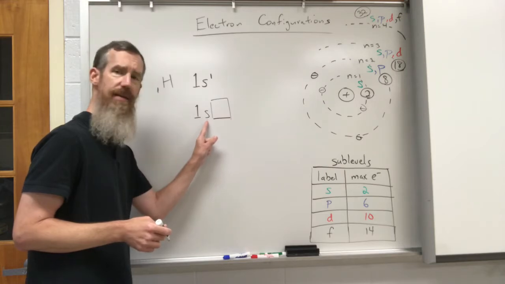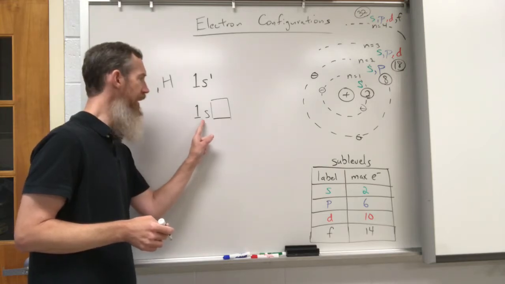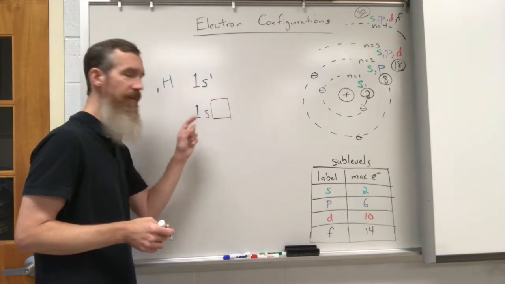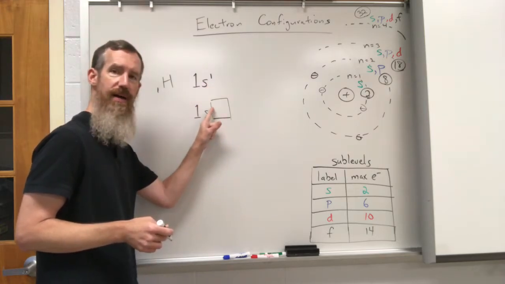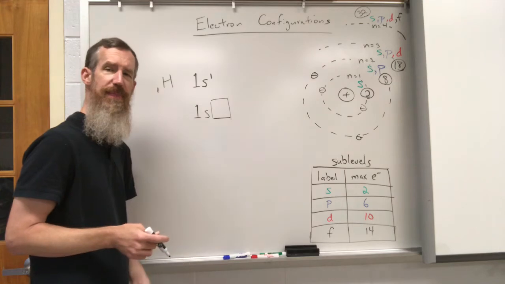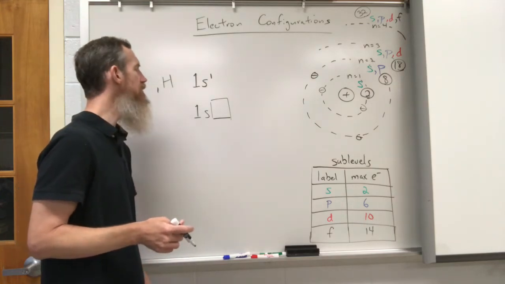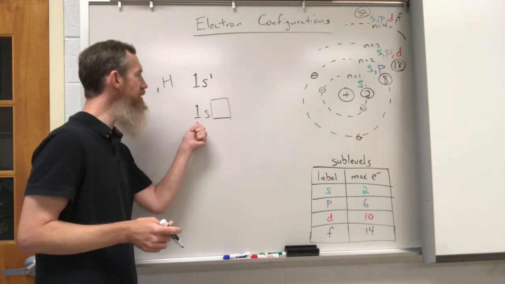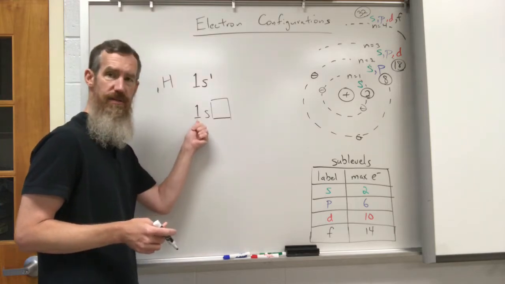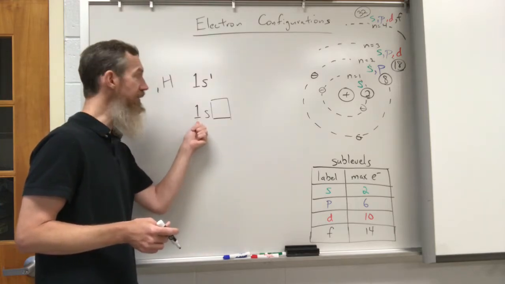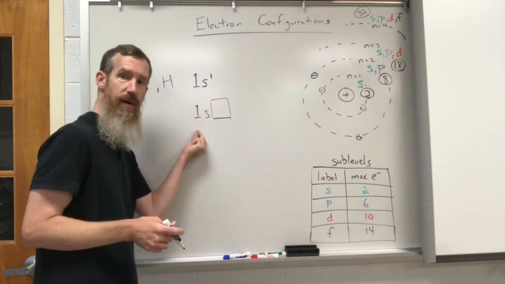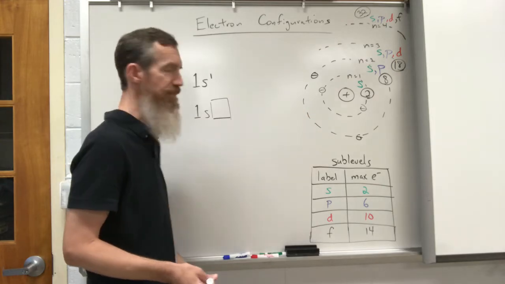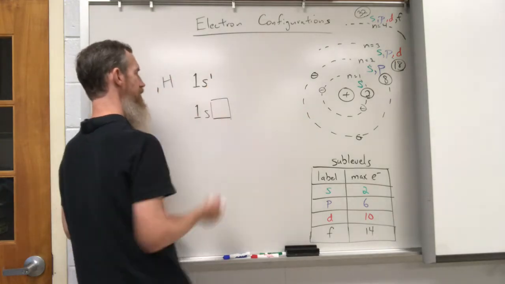In the S sublevel, I have 1 electron, so I'm going to represent that electron in this box or on this line. Now, this 1 outside here, this big one, tells me this is all going on in the first energy level. And we always write the lower energy levels first. We always start with number 1, and then if the atom were bigger, we write energy level 2, energy level 3, and so forth.